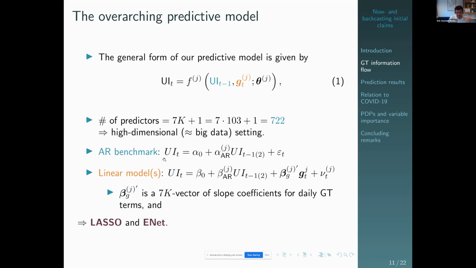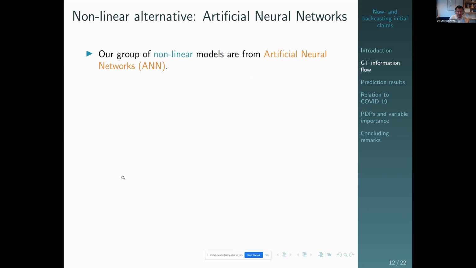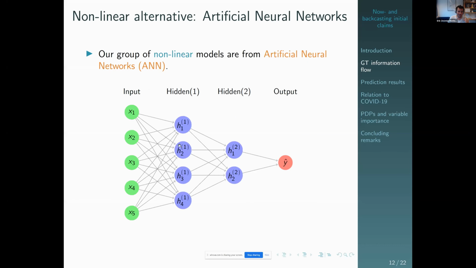The benchmark is an AR model, as I mentioned, and we consider linear machine learning models, and the two usual suspects are the lasso and the ENet. And to allow for nonlinearities, we also estimate neural networks, or mixed frequency neural networks. These are U-MIDAS versions of artificial neural networks.